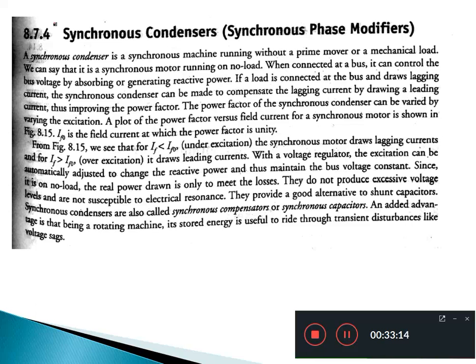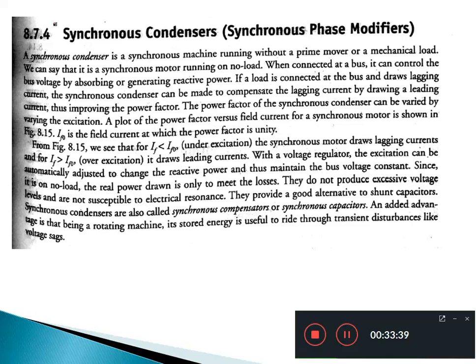If IF is greater than IF naught, that is, the field current is greater than the excitation field current IF naught, that is over excitation, which is nothing but leading power factor or leading current. So with the voltage regulator, the excitation can be adjusted and the change in reactive power can be maintained.